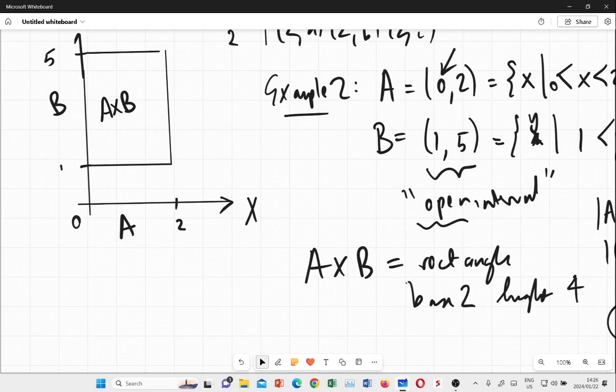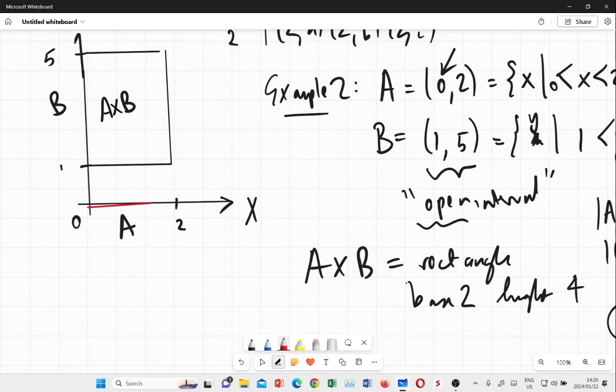A takes the shape of a stick, this red stick, and then B takes the shape of this blue stick. So A and B are both sticks, and their Cartesian product is a two-dimensional object, or a rectangle, which I will just color in with yellow.